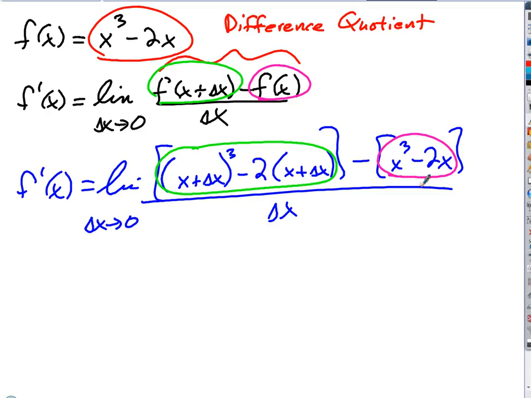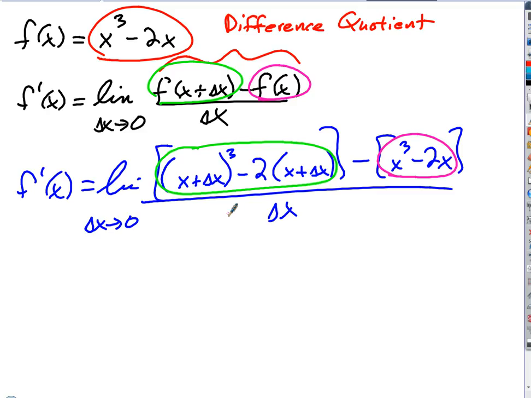So we see how we got to here, right? Now if I were to try to evaluate this limit directly, x becomes x, and I'm going to get x cubed minus 2x minus the quantity x cubed minus 2x, over 0, right? We kind of predicted that. The difference quotient will always be indeterminate until you do some algebra.